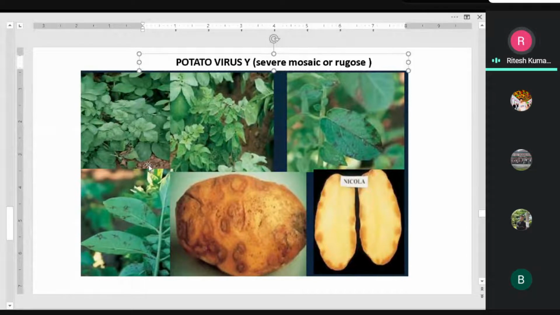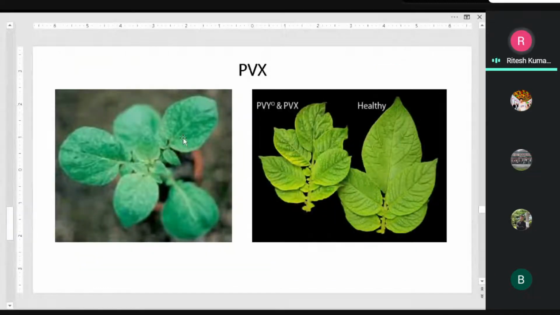So rugosity, in case of PVS, faint vein banding is not prominent. Vein banding भनेको कुरा यसमा चाहिँ हुँदैन, तर यो केसमा चाहिँ there may be vein banding in case of PVX.